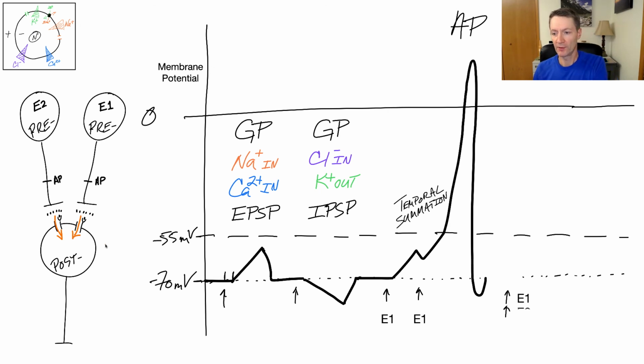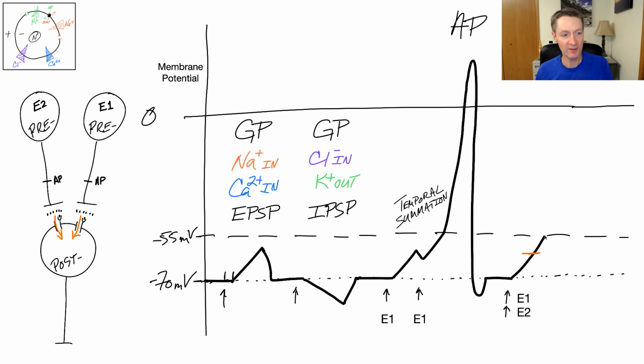We would say that there's E1 and E2, a simultaneous stimulation of that postsynaptic cell, and we see something possibly like this, where we might get up to this point with the initial amount of neurotransmitter and sodium entering the cell, but then at the same time you had even more neurotransmitters released, so it gets us the threshold.